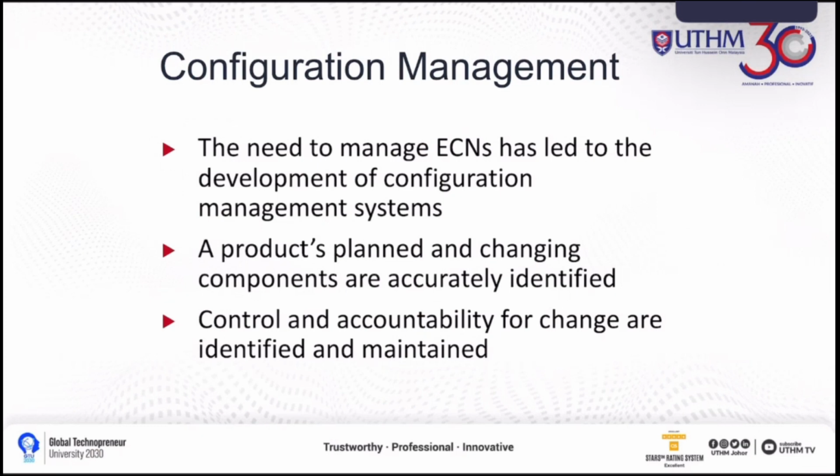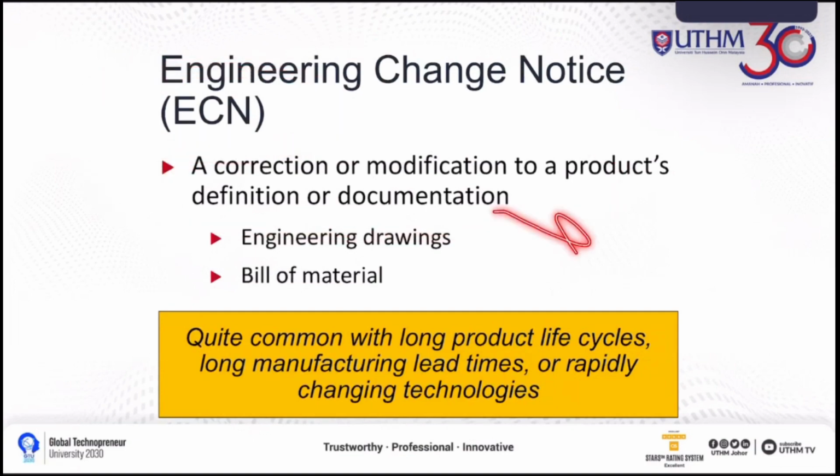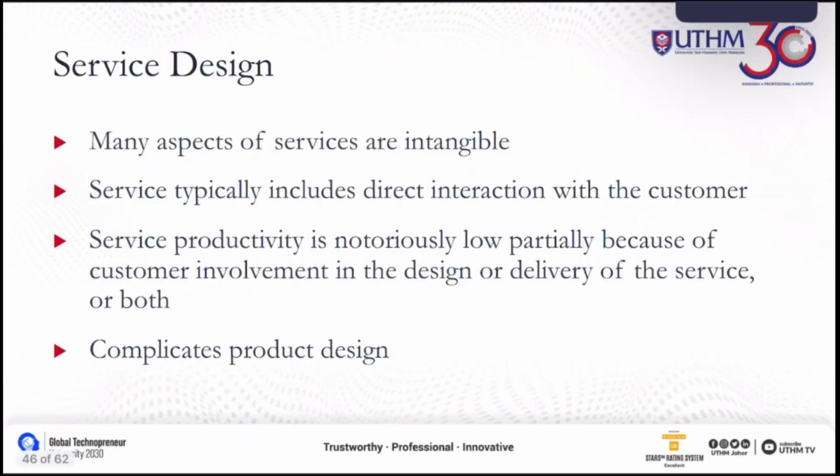So this will need to manage the ECN that lead to the development of configuration management system. Due to the ECN, because we have the changes, so we need to notify our other teams. Okay, so we need to have a system in the company. So to cater all of the changes in the design.